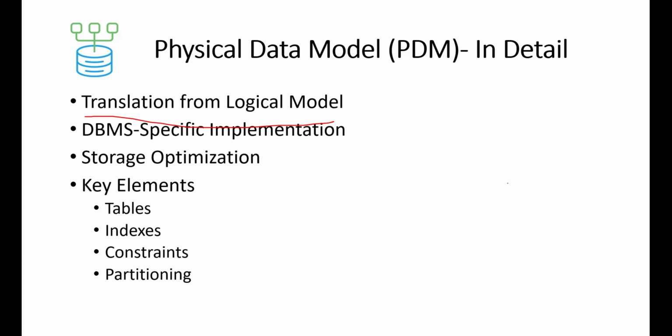And constraints ensure data integrity by enforcing rules and conditions on the data stored in the databases. Commonly, constraints include primary key, foreign key relationships, unique constraints, null checks, or check constraints like not null and so on.